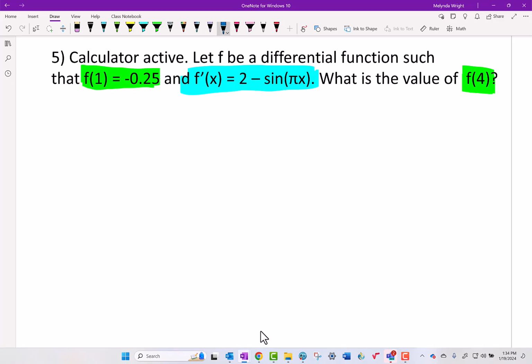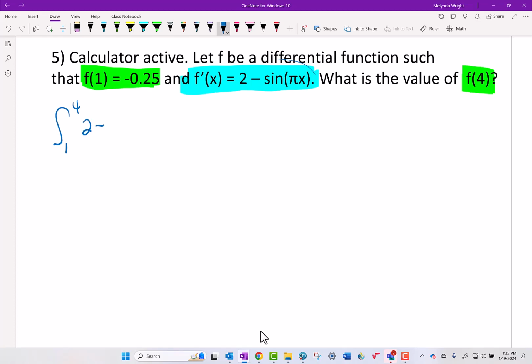So we're going to do method 2. We're going to integrate from, how do I find out what my x values are? Do I just get to pick whatever I want? No. 1 and 4. I don't get to pick. It's 1 and 4 because that's what they gave me. This f prime is the inside part, the integrand.